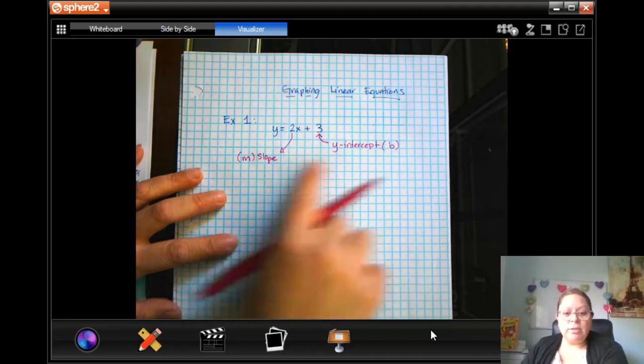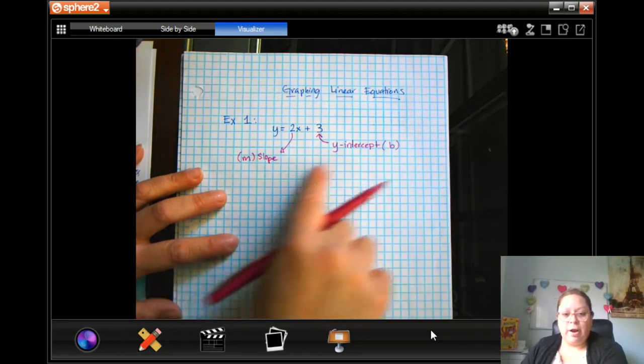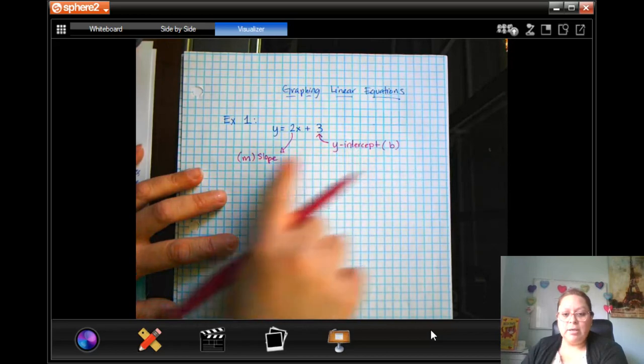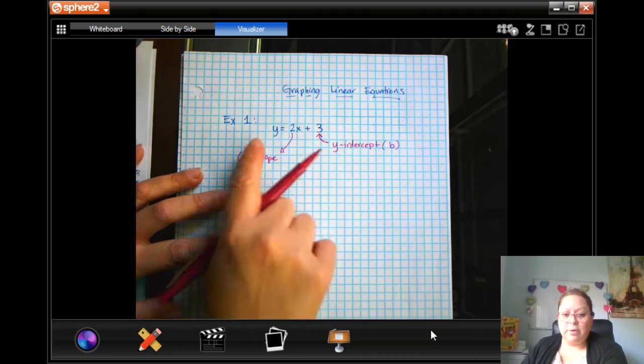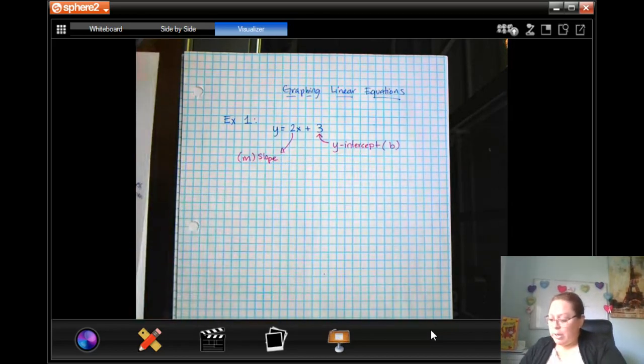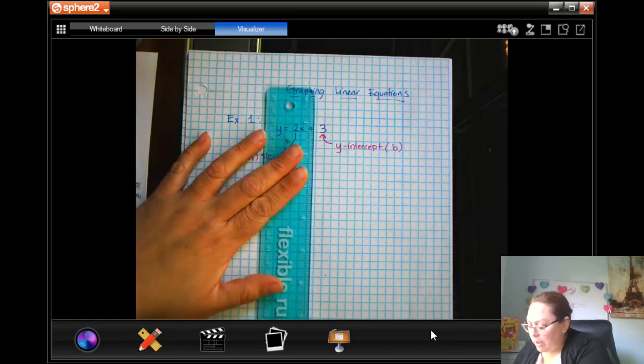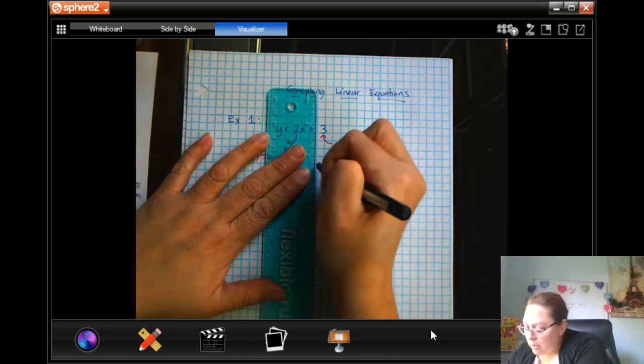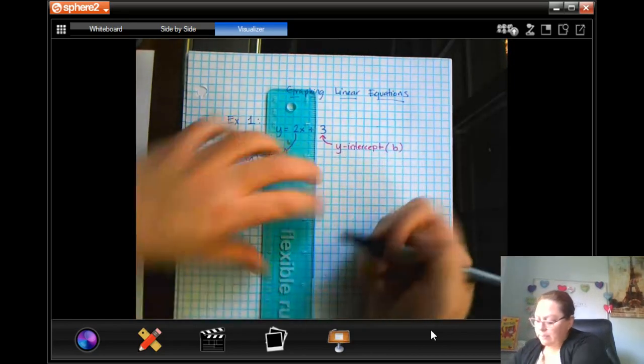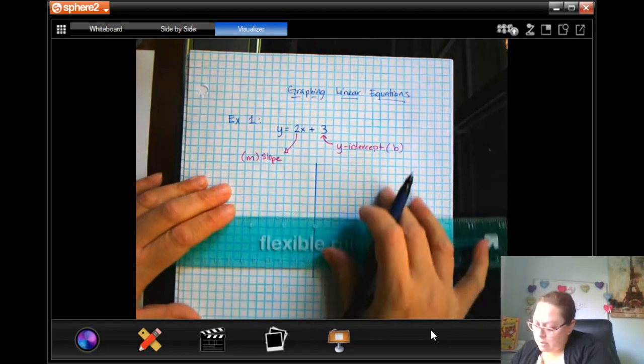Now, these two things are going to be very important for us to graph because these are the two things that you need in order to graph this equation, right? So we're going to go ahead now and draw our graph. So go ahead and draw your x and y.